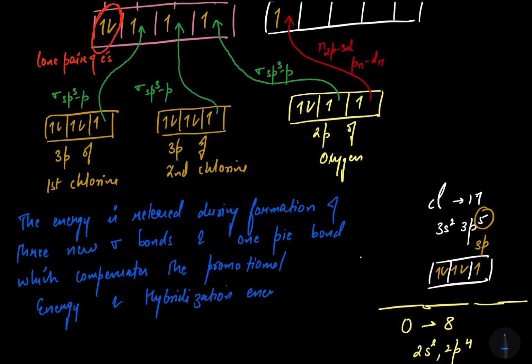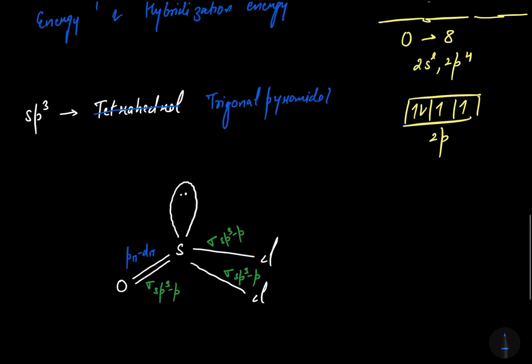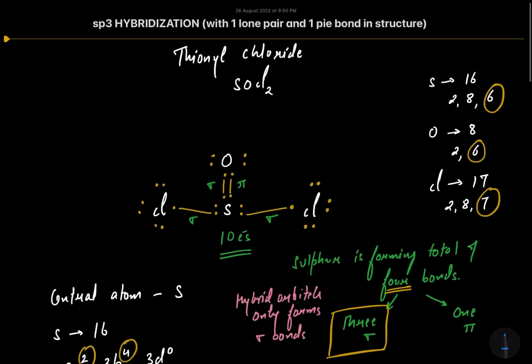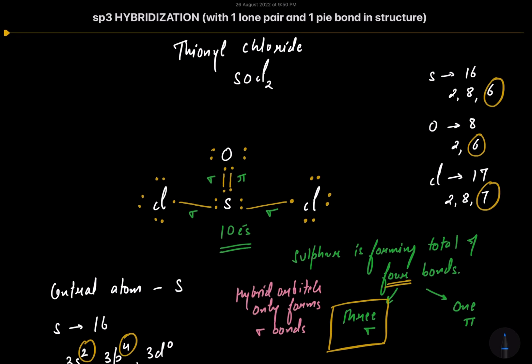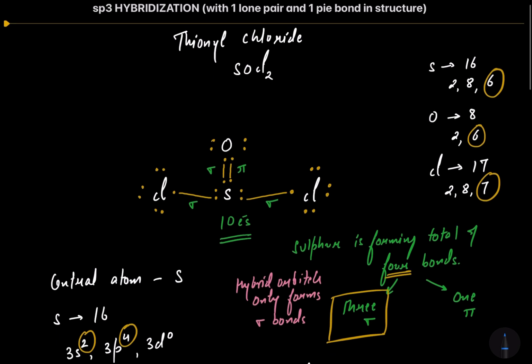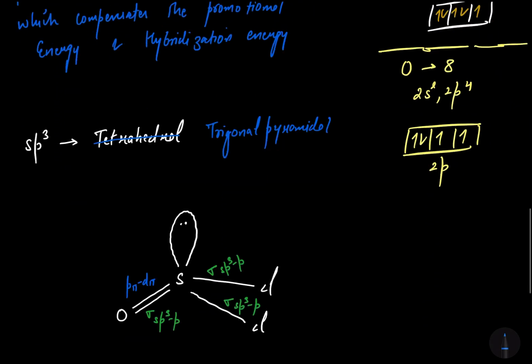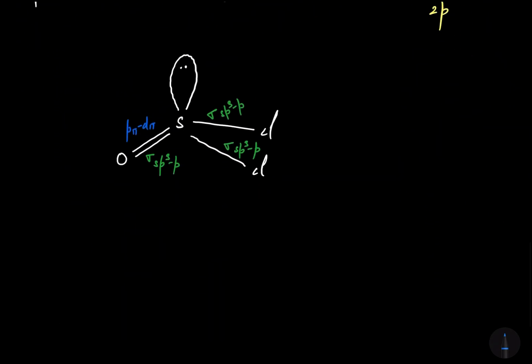That's why the formation of thionyl chloride or SOCl2 is practically feasible or possible in terms of energies. So that's all for today. I hope you all understood the hybridization of SOCl2, that's sp3, which is having one lone pair and one pi bond in the main structure.